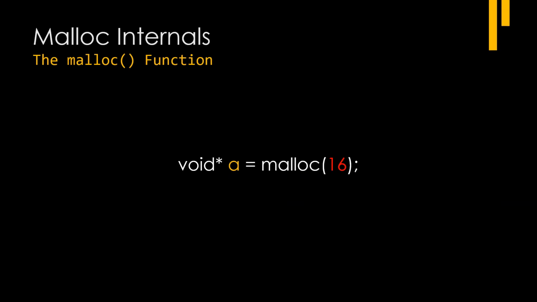We're not going to look at free today, just Malloc. It is a little confusing to have a function called Malloc that's used to request heap memory from the dynamic memory allocator, also called Malloc. I understand that, but at least it's a simple function. It takes a single argument, the size in bytes of memory that you want, and it returns a pointer to that amount of memory, or slightly more, for you to do with as you wish.